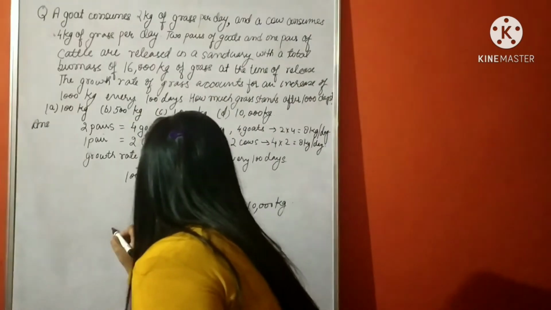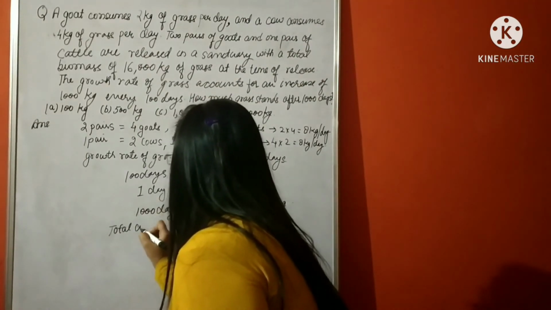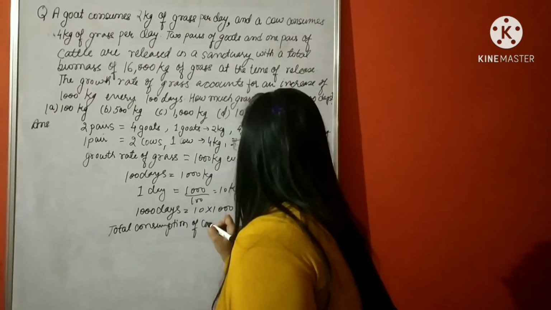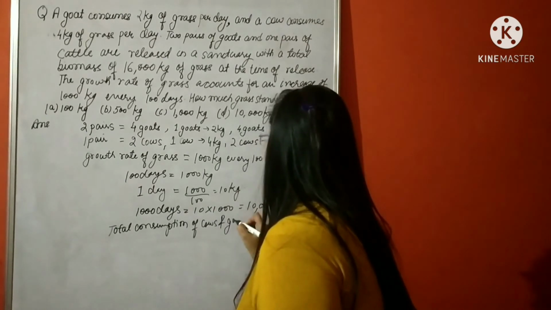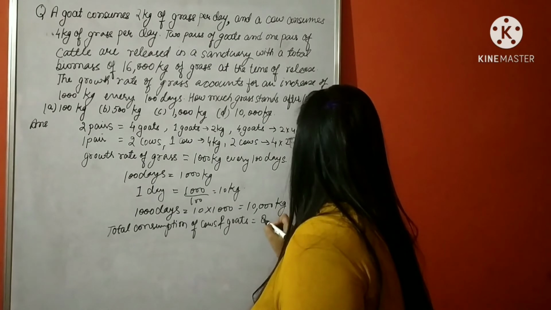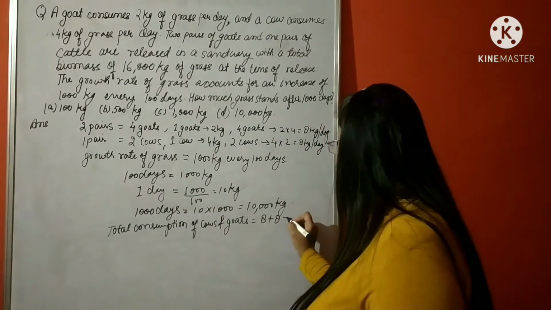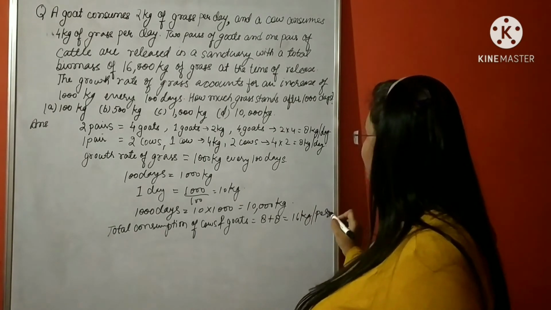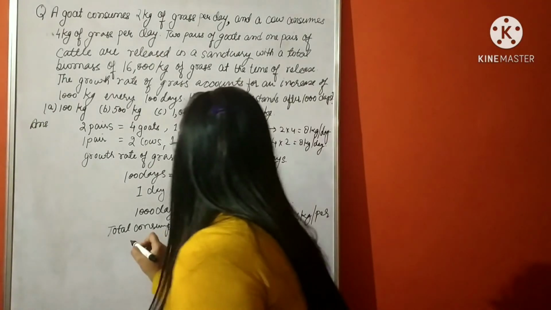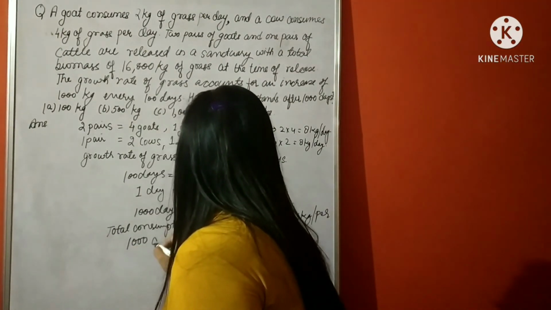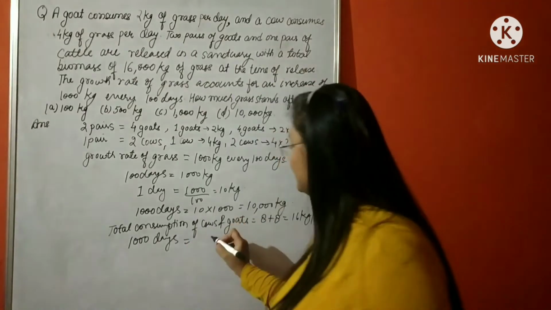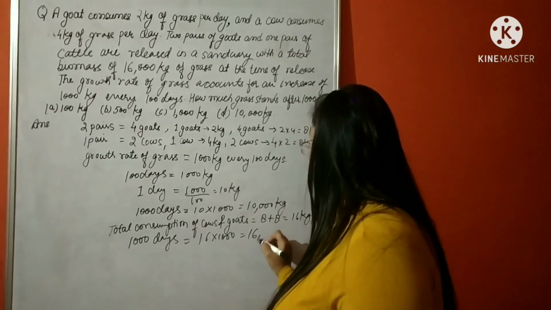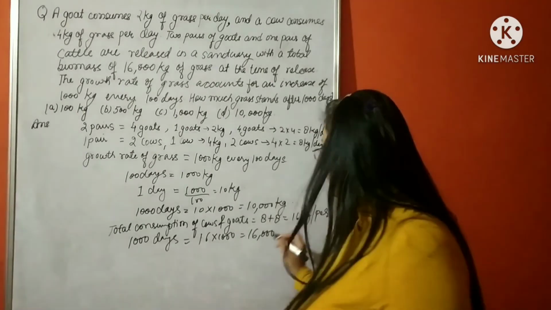So the total consumption of cows and goats will be 8 plus 8, that means 16 kg per day. Then in 1000 days we simply multiply it by 1000. So they will consume 16,000 kilograms.